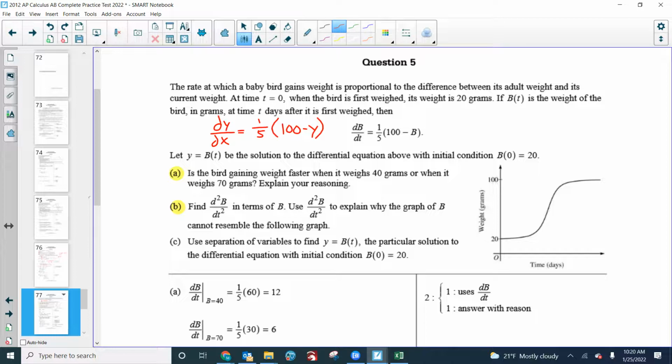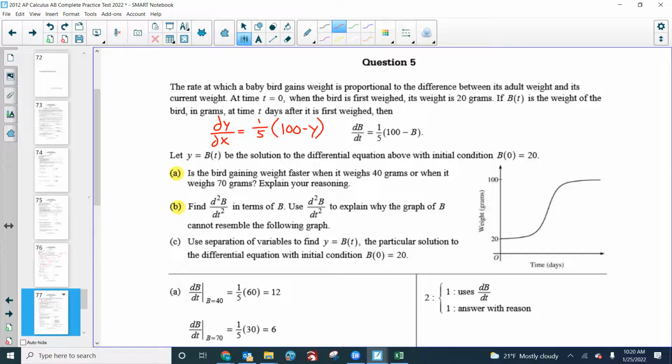And what's the problem here? What are we used to seeing? We're used to seeing x's in it, right? dy dx equals 3x minus 2, or whatever the derivative was. We're used to seeing dy dx having x's, correct? If it didn't have x's, and it only had y's, then it was like an implicit differentiation kind of problem, right? Remember that? All right, so we'll get to that in letter B.